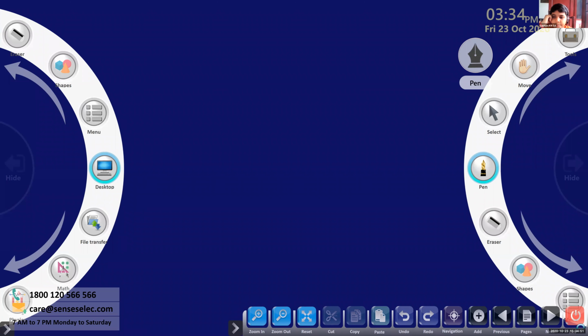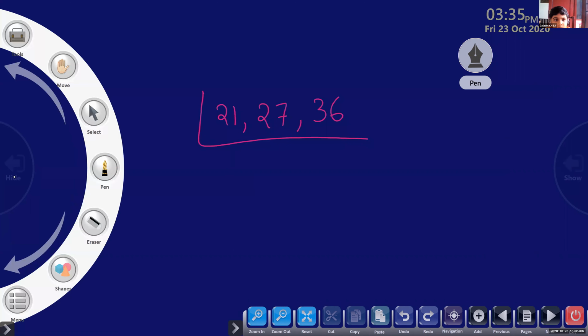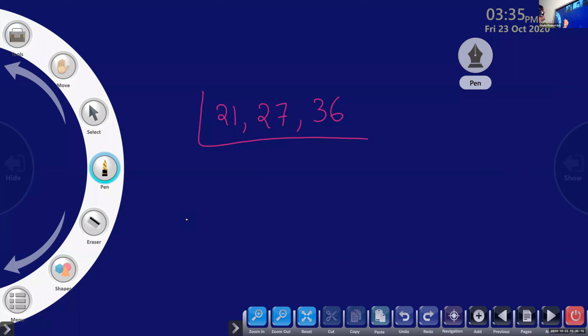So here I'm going to take, can you see the board children? Yes, ma'am. Okay. We have to take 21, 27 and 36 together. Ma'am, can you use light color? Okay. And 3 will go. Here children, 3.